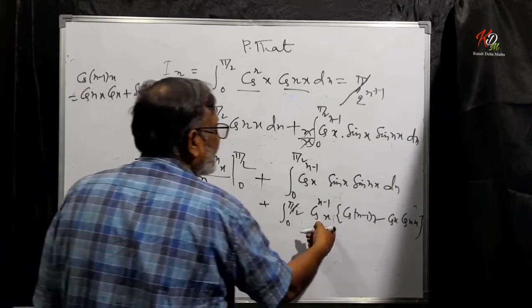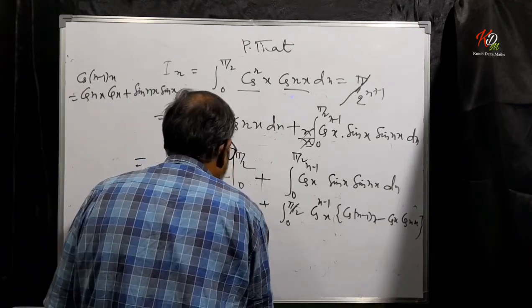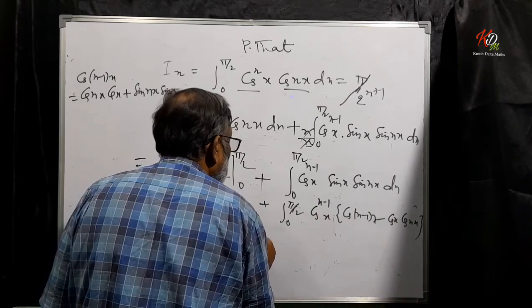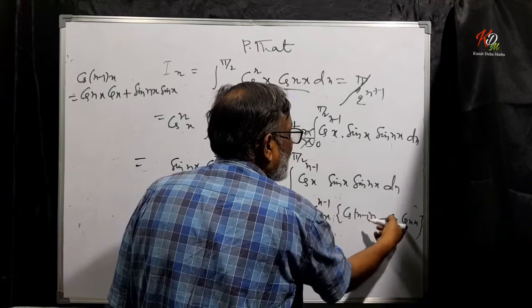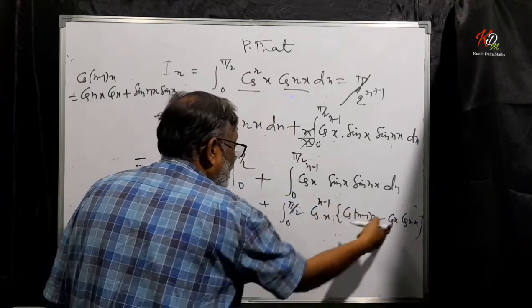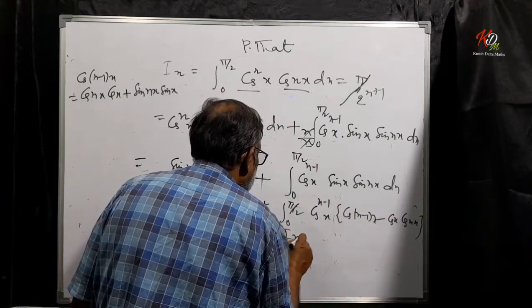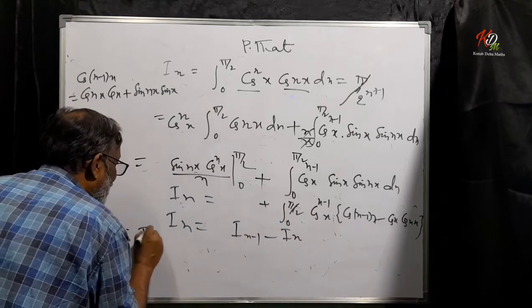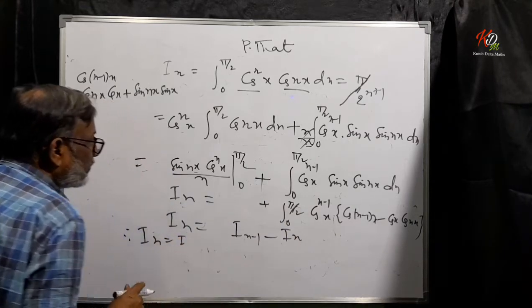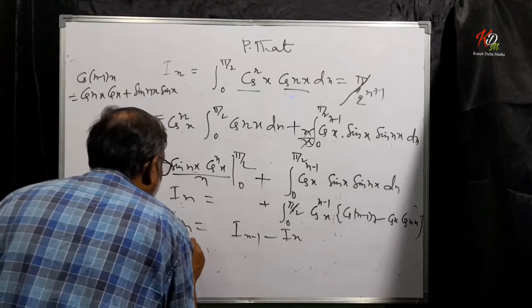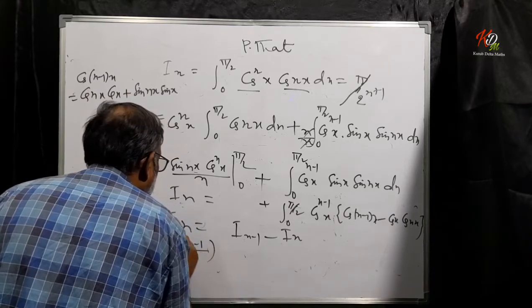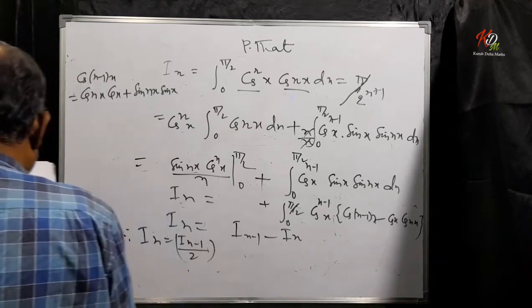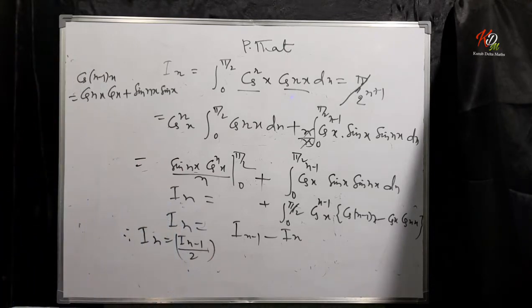Easily, this is I n minus 1 minus cos n minus 1 x into cos x cos nx, that is minus I n. So I n equal to n minus 1 by 2.